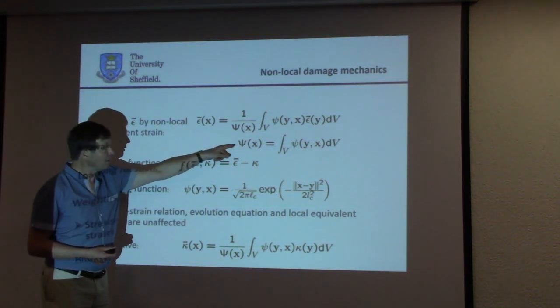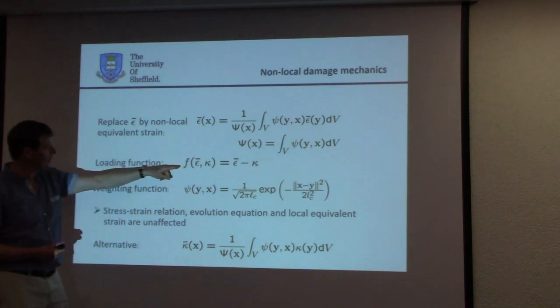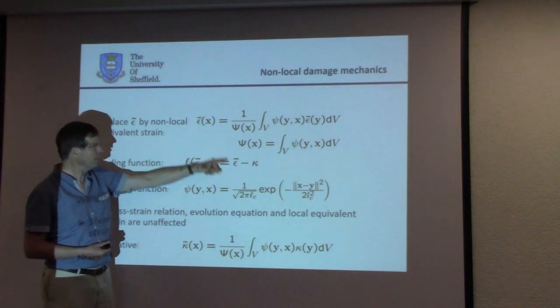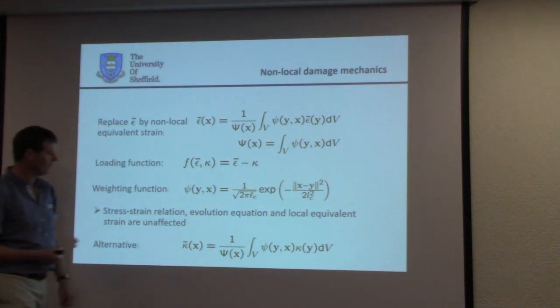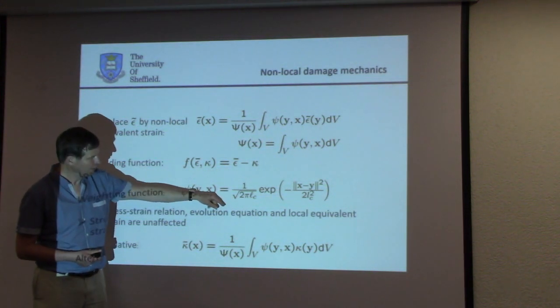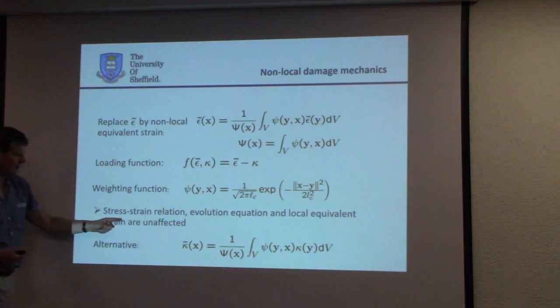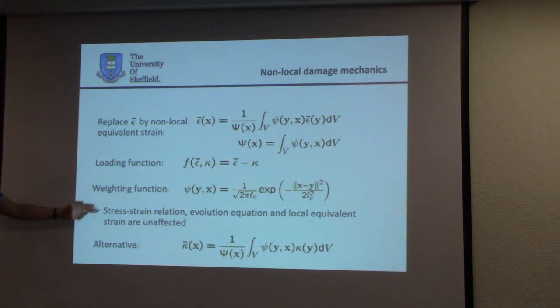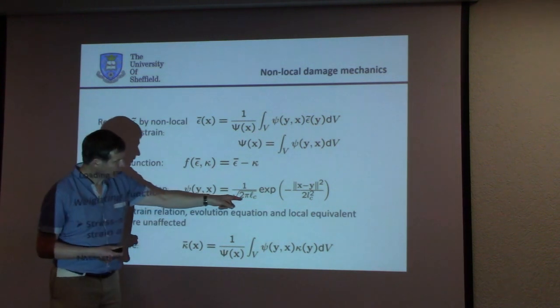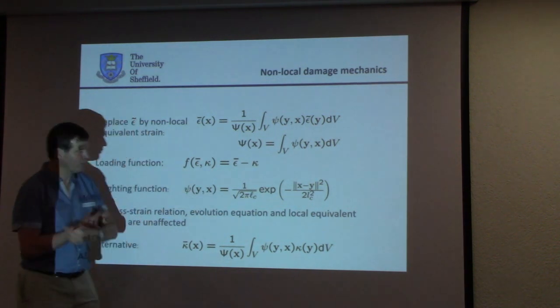So you can do this integral. You can then substitute this epsilon bar into the loading function. And you see such an example. This is a Gaussian function. And you get something that is working.